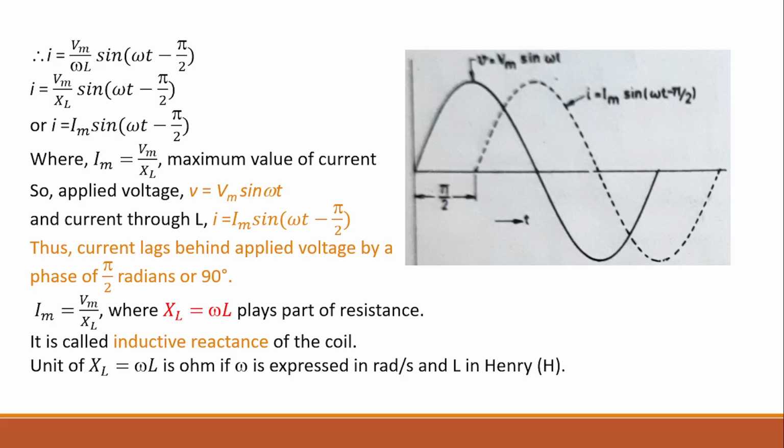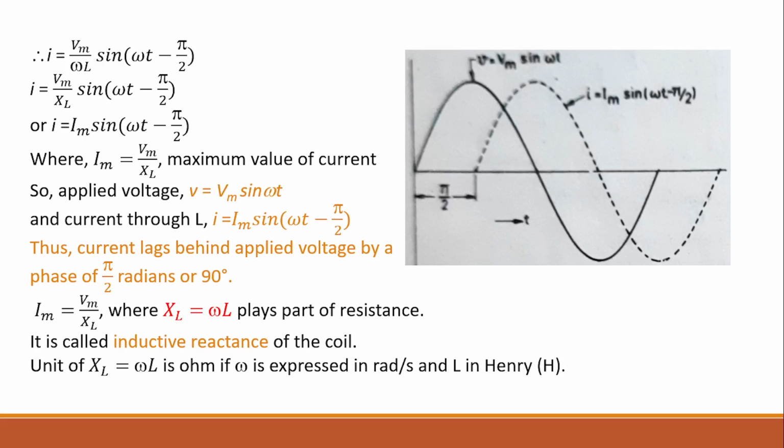Now here we have obtained Im equal to Vm upon XL, where XL equals omega L, and this omega L plays the part of resistance. It is called the inductive reactance of the coil. So this is the new term we have obtained, doing the job of resistance, called inductive reactance. So inductive reactance, or reactance of the inductance, is equal to omega L, where L is the self-inductance.